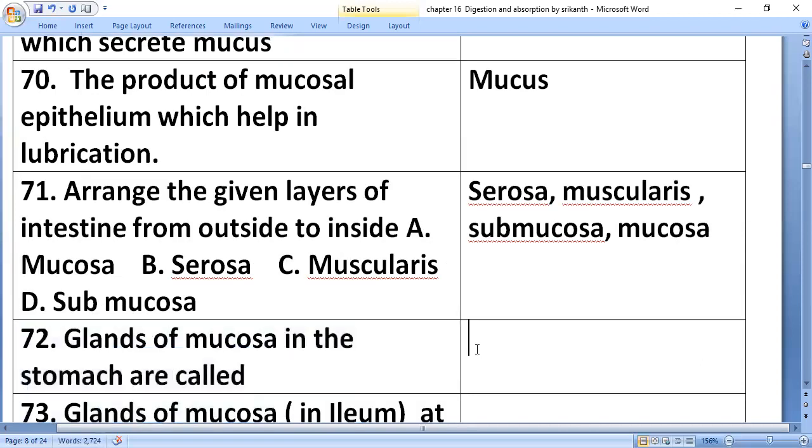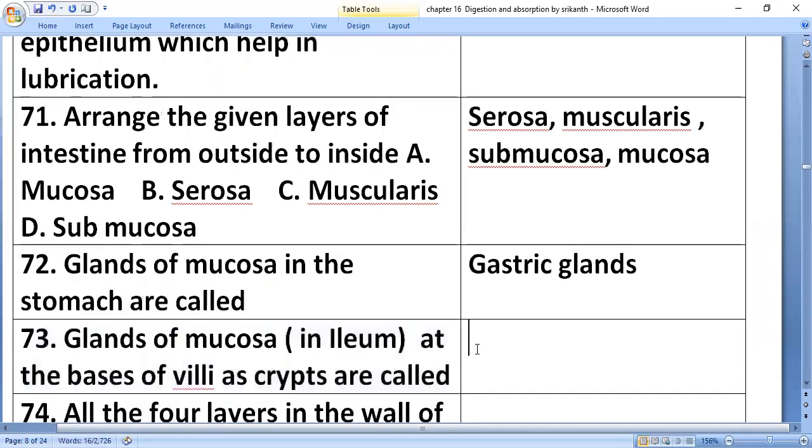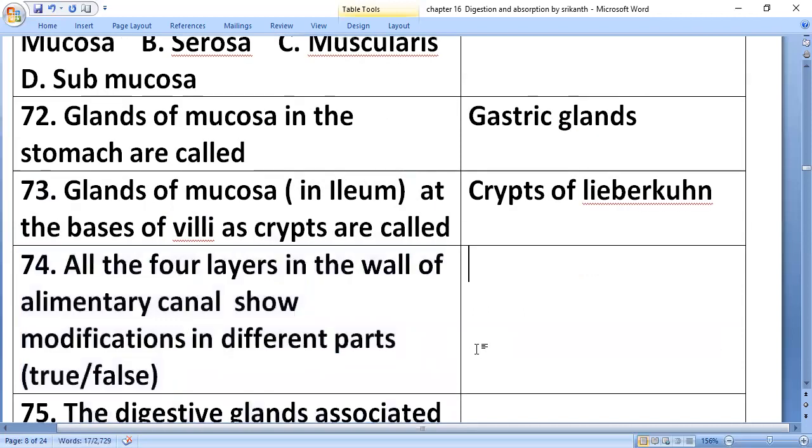Glands of mucosa in the stomach are called gastric glands. Glands of mucosa in the ileum at the base of villi are called crypts of Lieberkuhn. All four layers in the wall of alimentary canal show modifications in different parts.